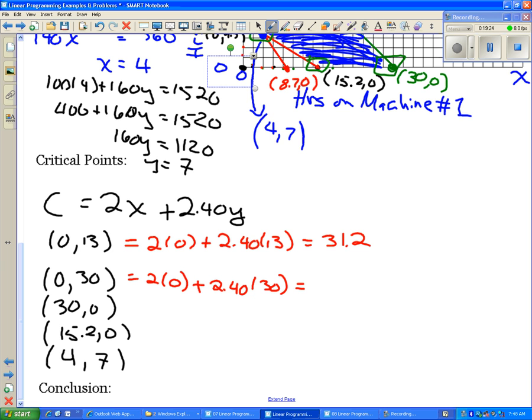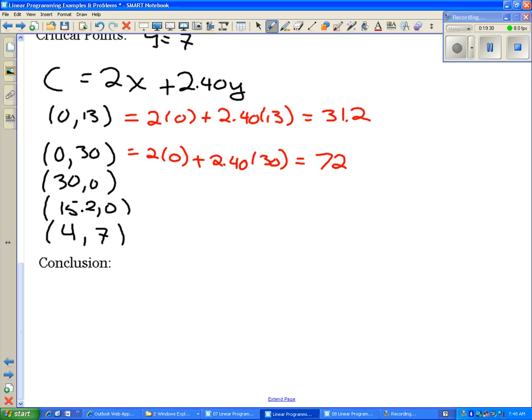That's going to give me a cost of $72. (30, 0) is 2 times 30 plus 2.40 times 0, and that gives me a cost of $60.